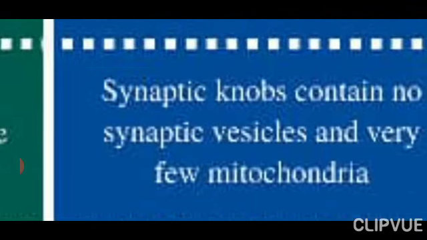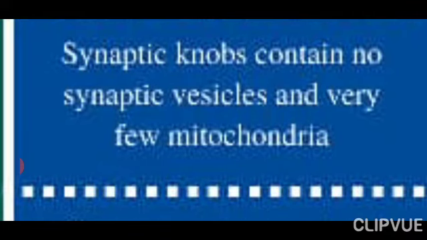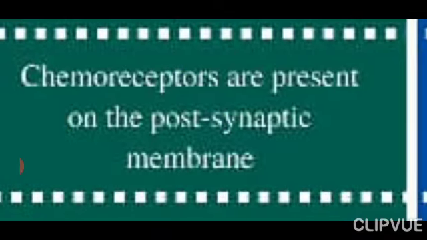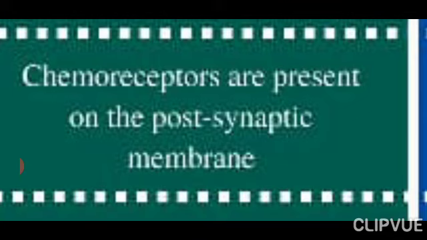Now, what about the knobs of the electrical synapse? The knob lacks synaptic vesicles, meaning they don't have synaptic vesicles, and they have very few mitochondria. Why? Because they require less energy. All right, another thing we should take note of is that the postsynaptic membrane of the chemical synapse has chemoreceptors.